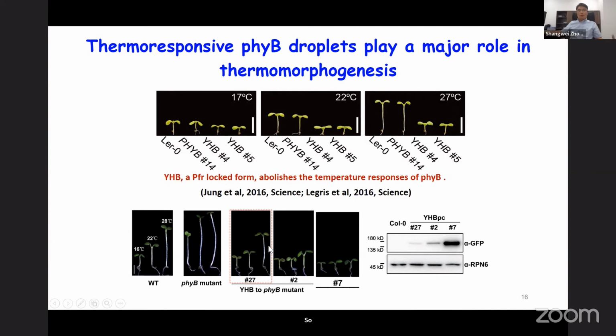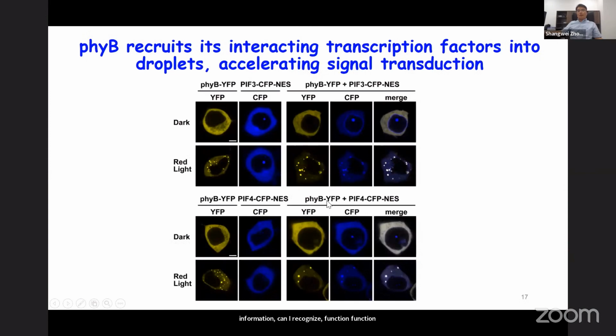So how can this droplet formation regulate the physiological function of YHB? We further examined the formation of Phy droplets. When co-expressing Phy with interacting transcription factors such as PIF3 and PIF4, we found these transcription factors are recruited by Phy into the foci.